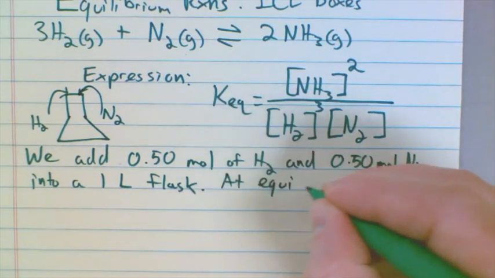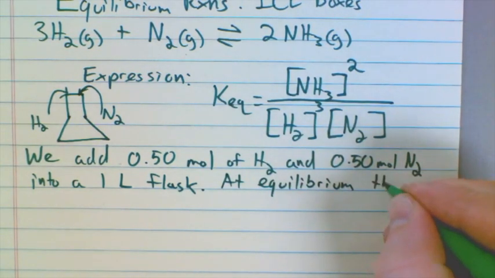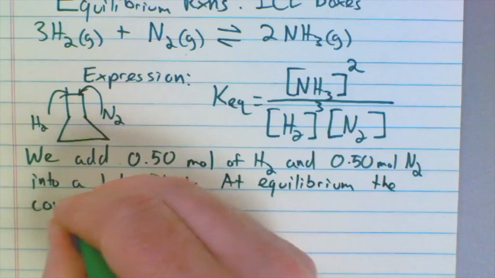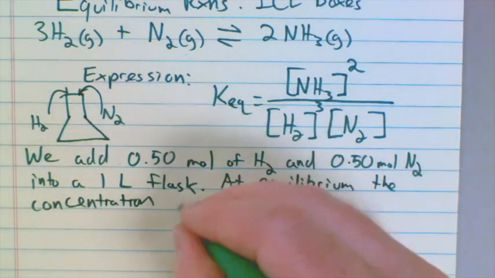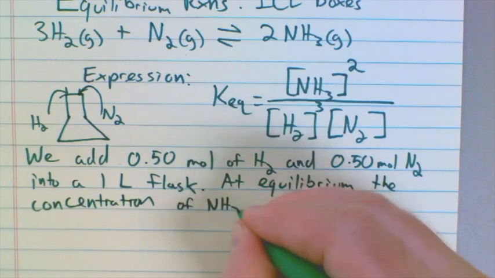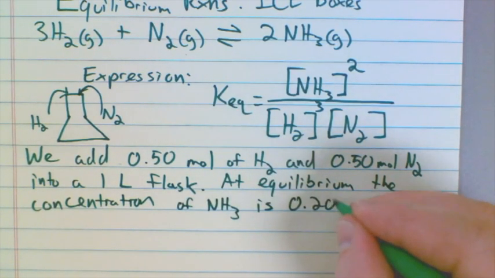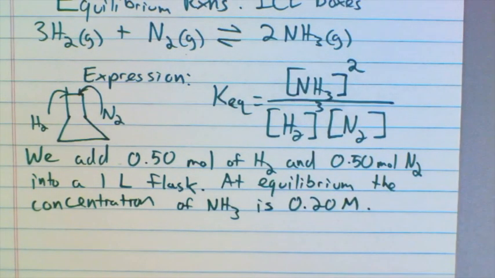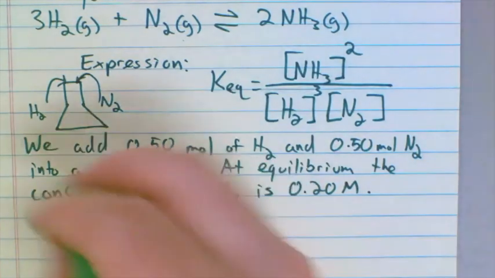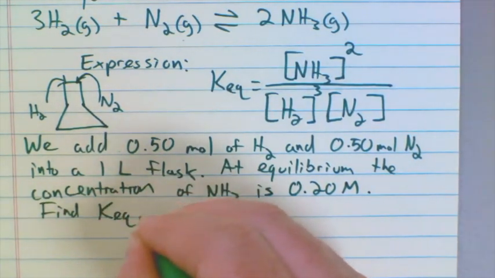When we get to equilibrium, after it sits for a while, we measure the concentration of ammonia, NH3, and it's found to be 0.20 molarity. And we want to find what the equilibrium constant is for this.